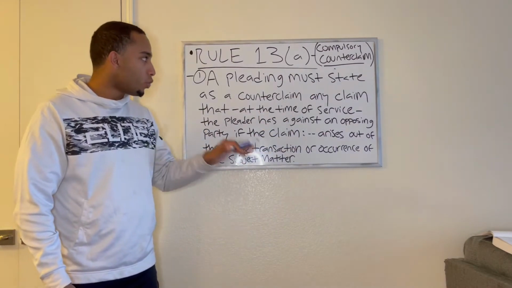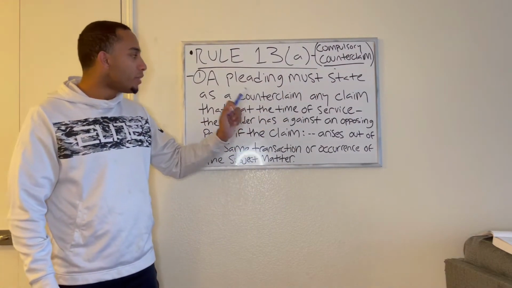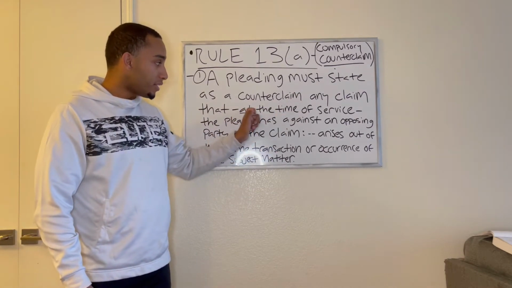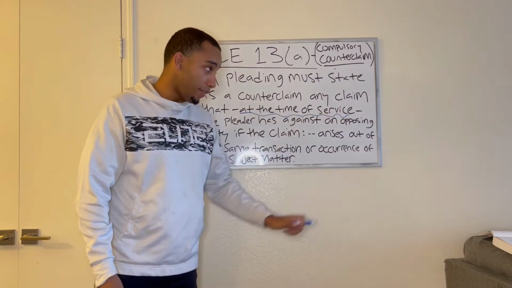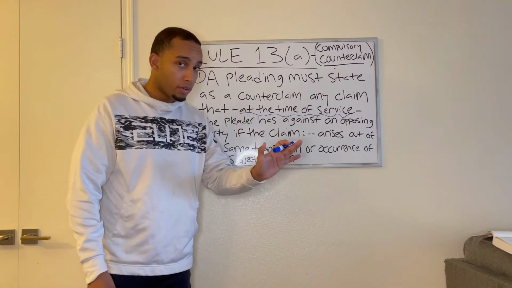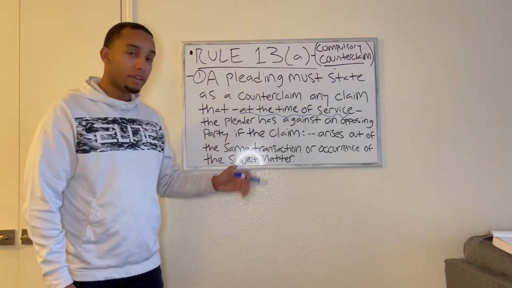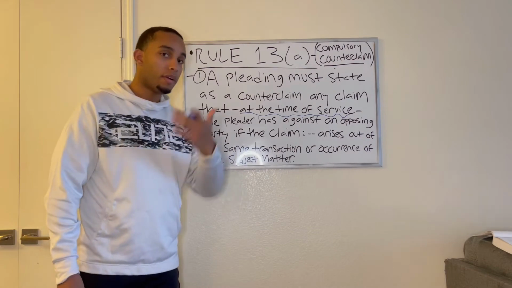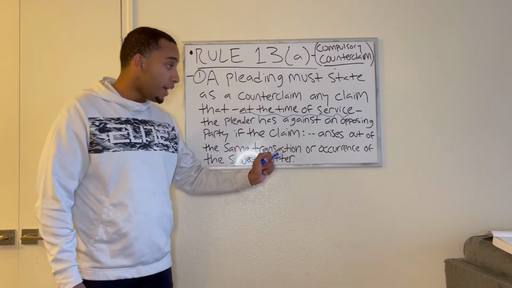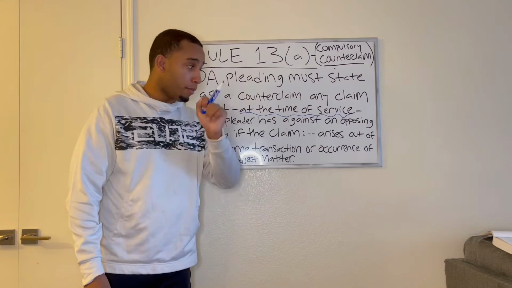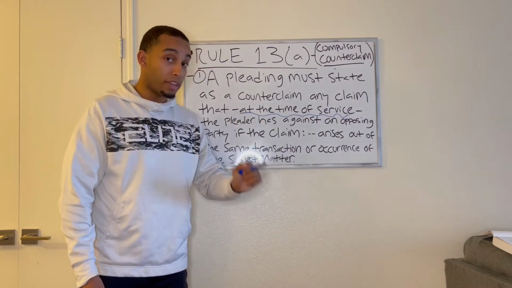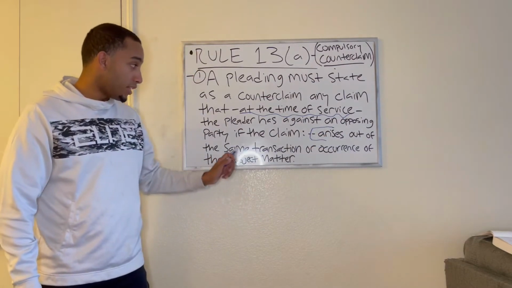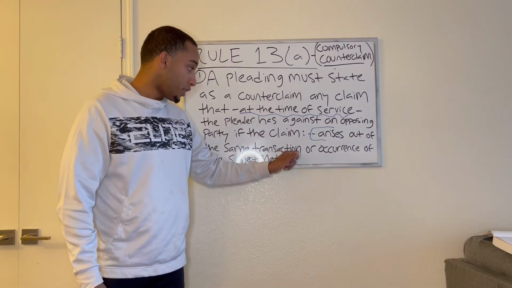According to Rule 13(a), a pleading must state as a counterclaim any claim that at the time of service, this is important, at the time of service, no other time, the pleader, the defendant, has against an opposing party, the plaintiff, if the claim, the defendant's counterclaim, must have this critical thing at the time of service, is this: it must arise out of the same transaction or occurrence, the subject matter.